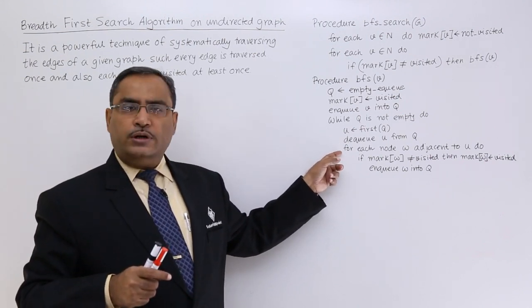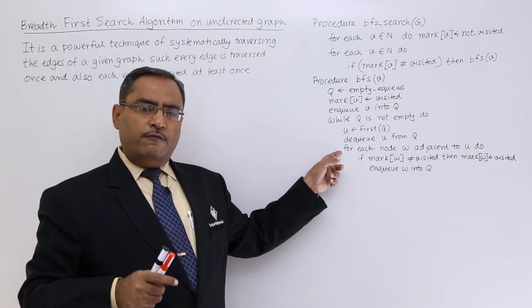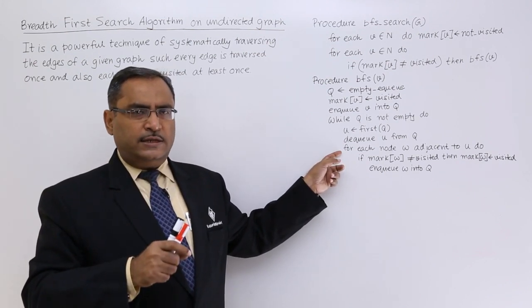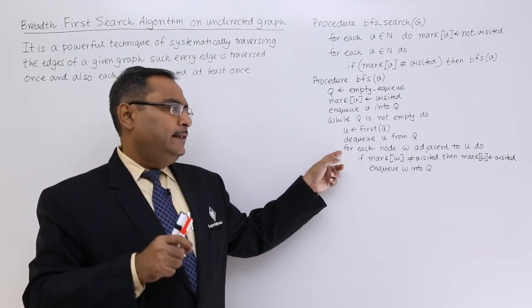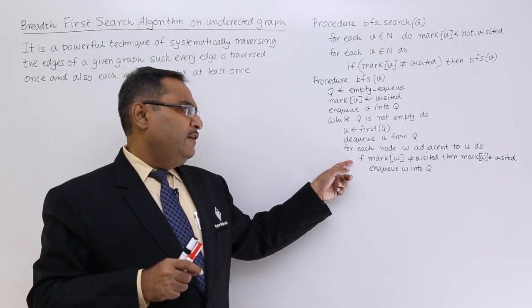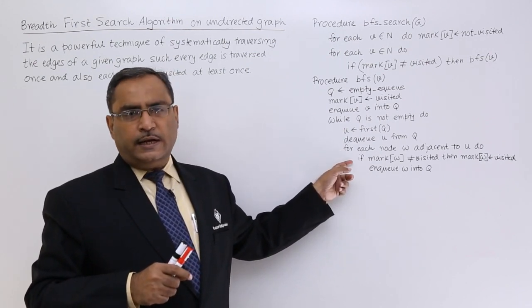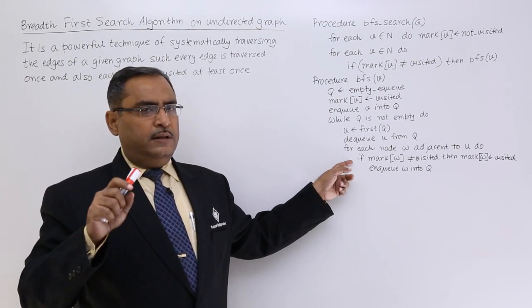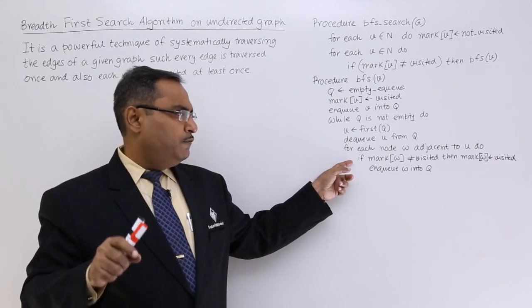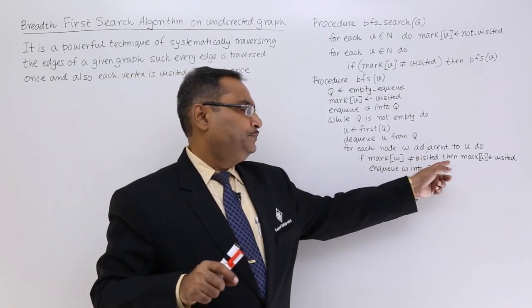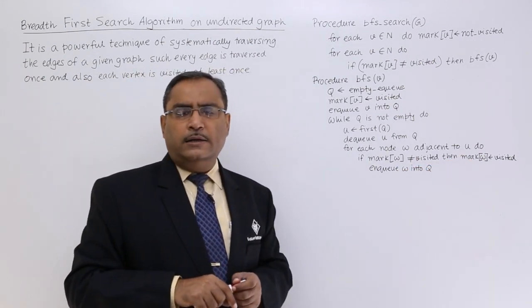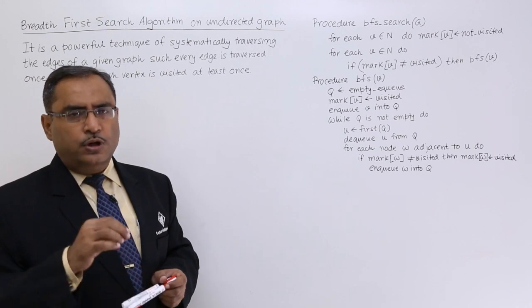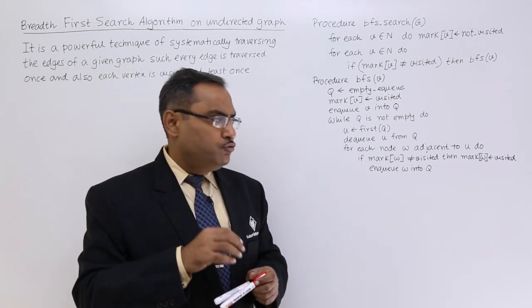For each node W adjacent to U, so for all the nodes which are adjacent to this particular node U, let there be W. Do, if mark W is not equal to visited, that means if the mark array at the Wth place has the value false, that means not visited, then please make mark W equal to visited, that means put true there.